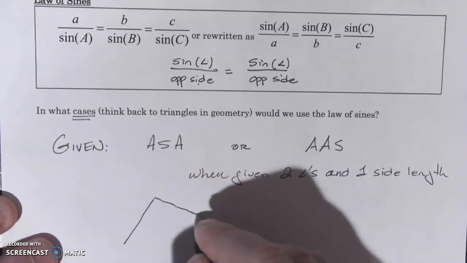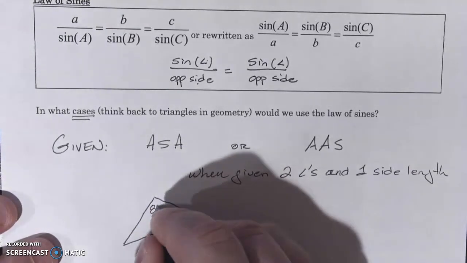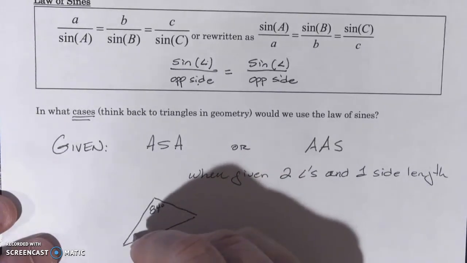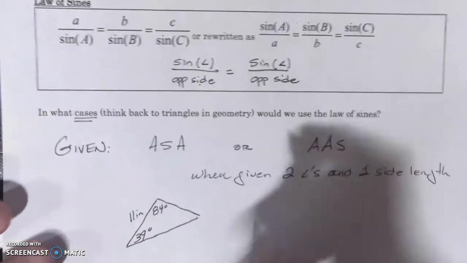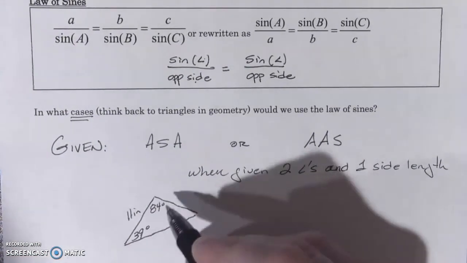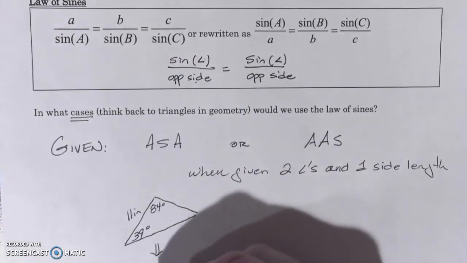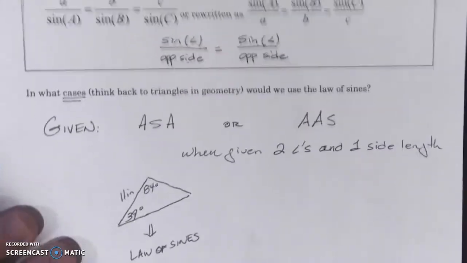Let me give you an example of angle side angle here. If this was 84 degrees and this was 39 degrees and this was 11 inches, angle side angle, in the angle side angle case, we want to use law of sines to solve.